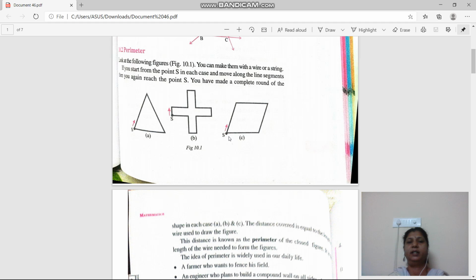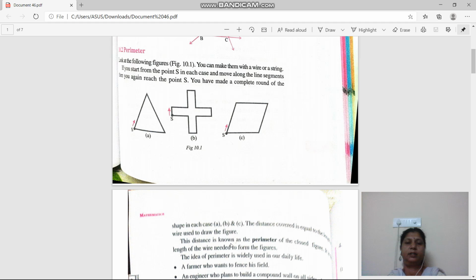Otherwise we can say it is a garden or a space around which we have to protect it with the help of wire, right? So most of the time we make it for protection, right? So the distance covered is equal to the length of the wire used here, or otherwise the total distance traveled by you.